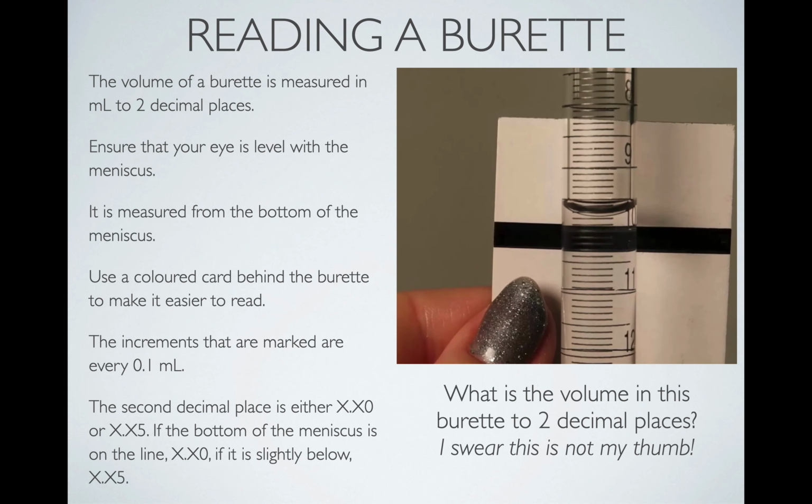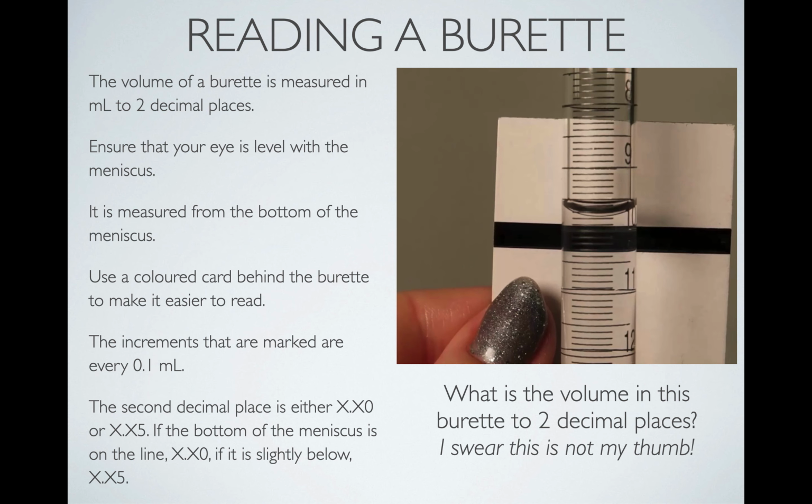Okay, how to read these burettes? It's common practice in chemistry to measure them in millilitres to 2 decimal places. You may stop here and go, but we've only got a line that gives us every 1 decimal place of a mil. Well, that's okay. We'll talk about that in a second, but reading it, you need to ensure that the meniscus is at eye level, okay?